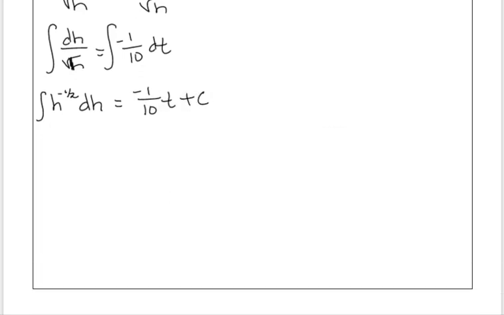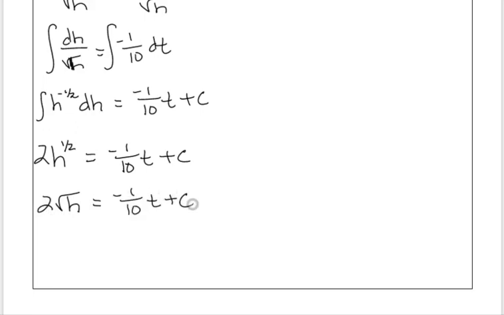And now I'm going to worry about the antiderivative on the left side. So I'm going to add 1 to the exponent, which means I'm going to get h to the 1/2. And I need to multiply by the reciprocal, so I'm going to put a 2 in front. And so really, this is 2 times the square root of h equals negative 1/10 t plus c.